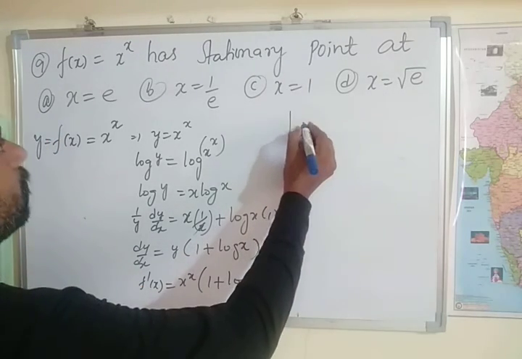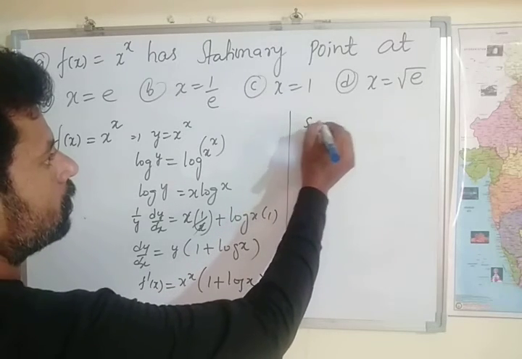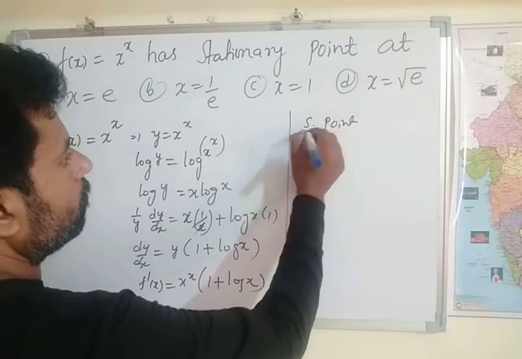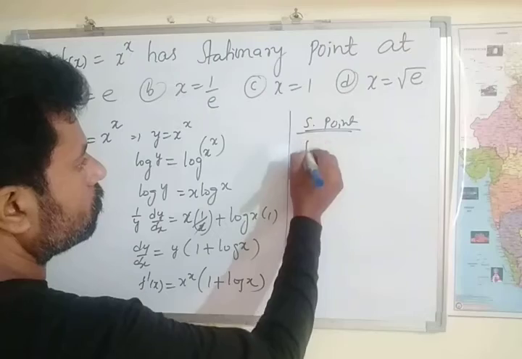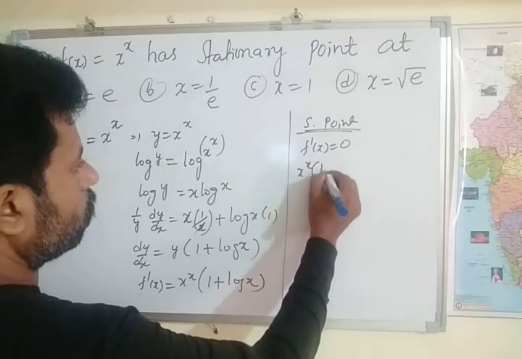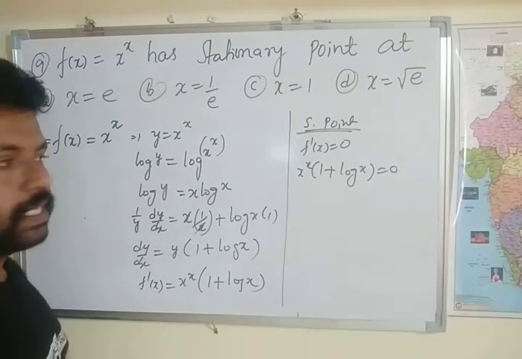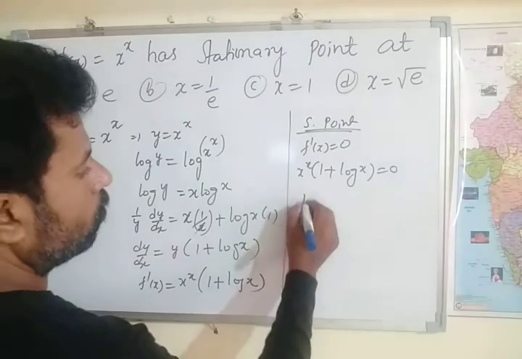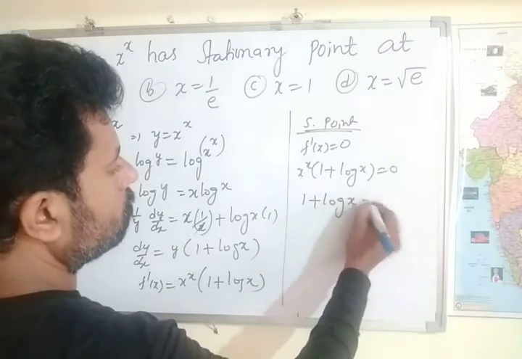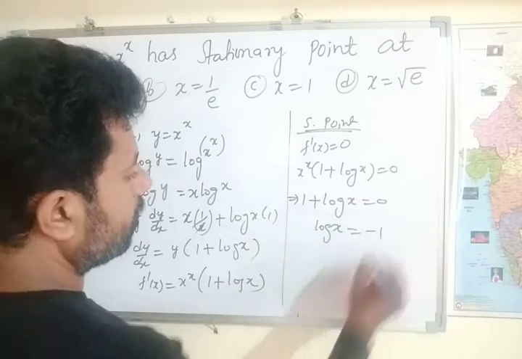See, f has a stationary point. Stationary point means here we consider derivative is equals to 0. F dash of x equals to 0 means x to the power x into 1 plus log x equals to 0. See, x to the power x is not equals to 0. 1 plus log x equals to 0. Then log x is equals to minus 1.